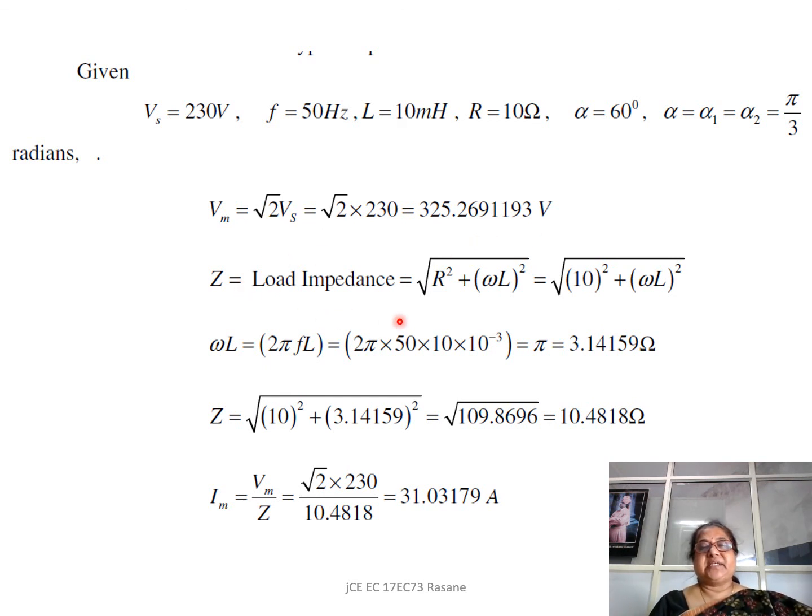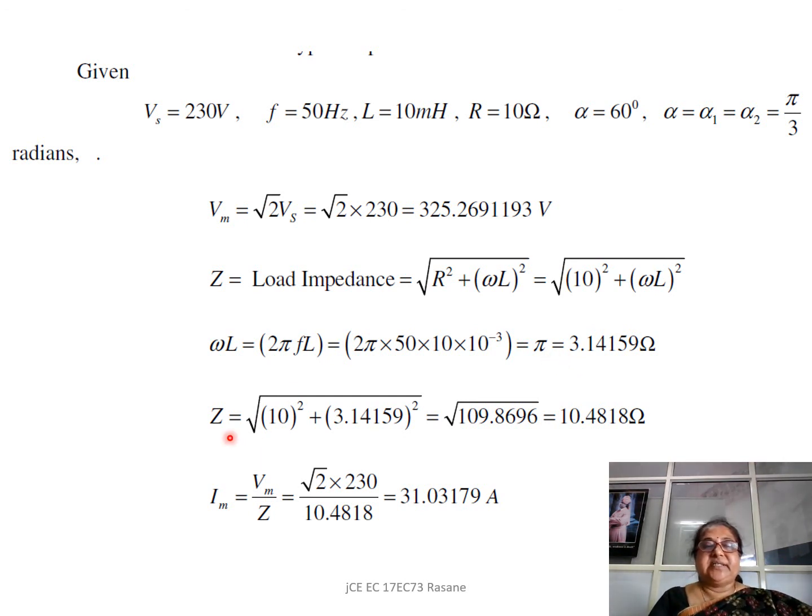Impedance can be evaluated using the formula root of R squared plus omega L squared, which is 10 squared plus omega L squared. To calculate omega L, omega is 2 pi F into L. F is 50 Hertz, into L, which is 10 milli, milli meaning 10 to the power of minus 3. So I'll be getting pi, which is 3.14.